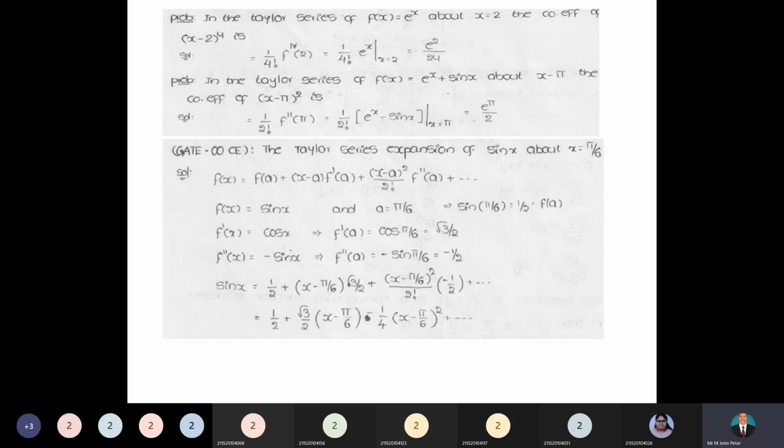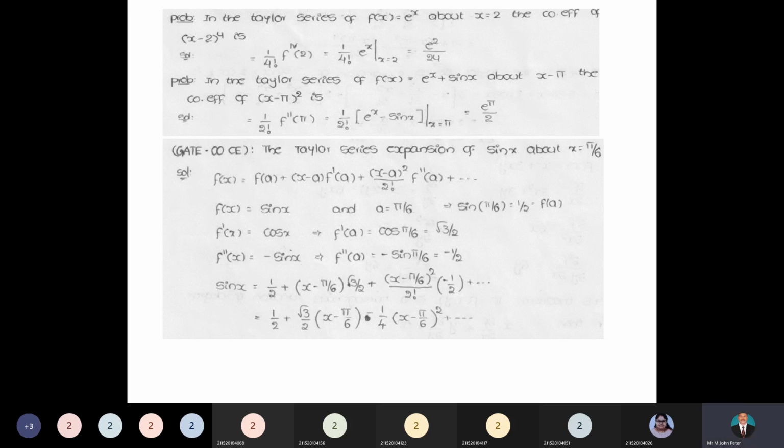Here, substitute x by pi. So that is e power pi minus sin pi. Sin pi is sin 180 degree, so sin pi value is 0. E power pi as it is, keep it.